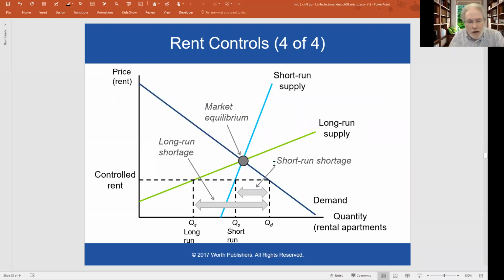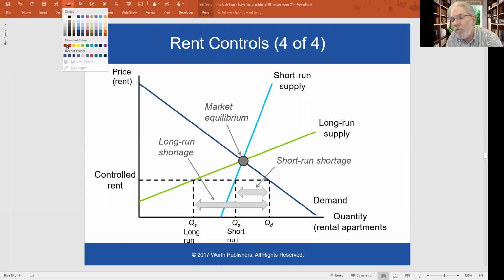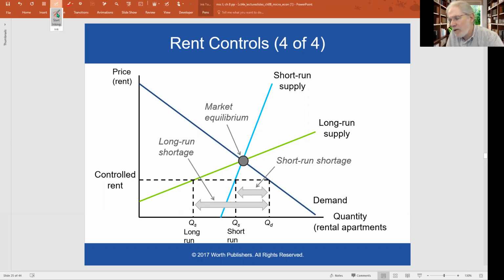And here was our graph dealing with that. You see the relatively inelastic supply curve showing that when the rent was up here, when the rent control is imposed, so the rent is reduced, we saw that in the short run supply and demand would be relevant.